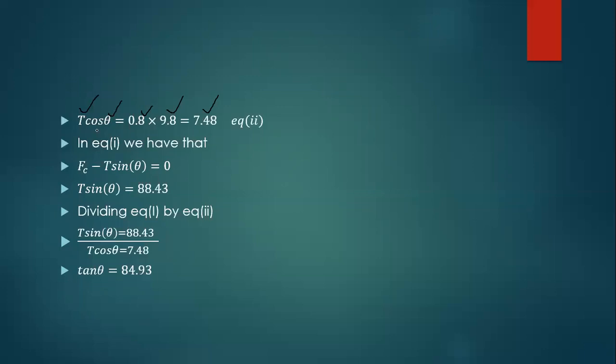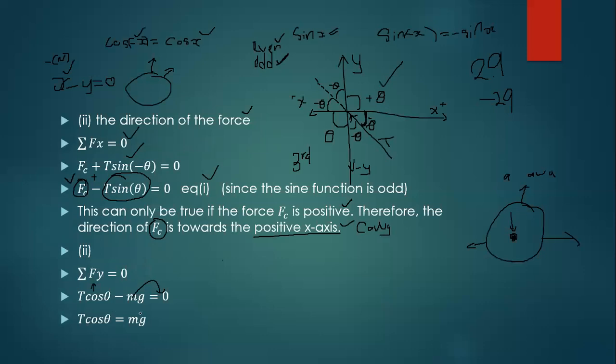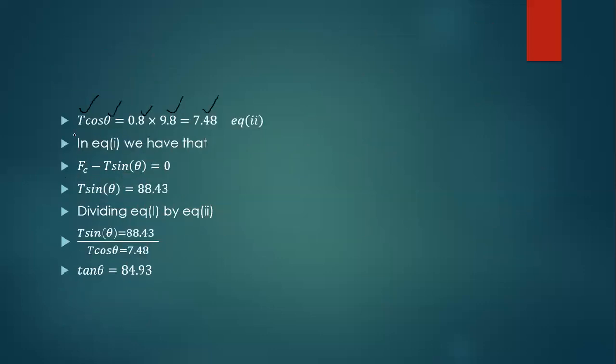So in this expression where we have just expressed the forces in the y-axis, we have come up with this expression for T cos theta is equal to this expression here. Now, in equation 1, we have that Fc minus T sine theta is equal to 0. We can take T sine theta to the other side, which gives us T sine theta is equal to, remember our centripetal force, we calculated it as this value.